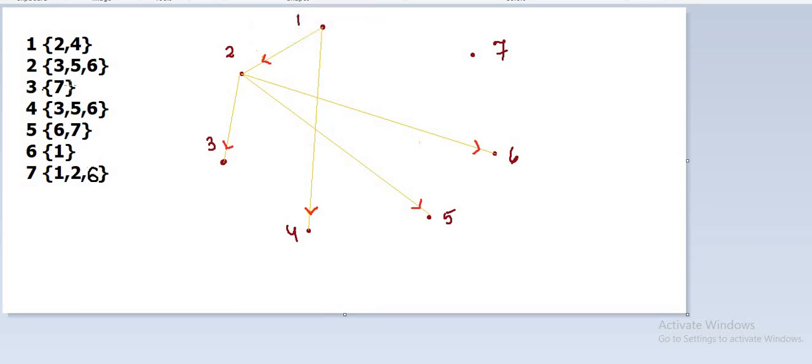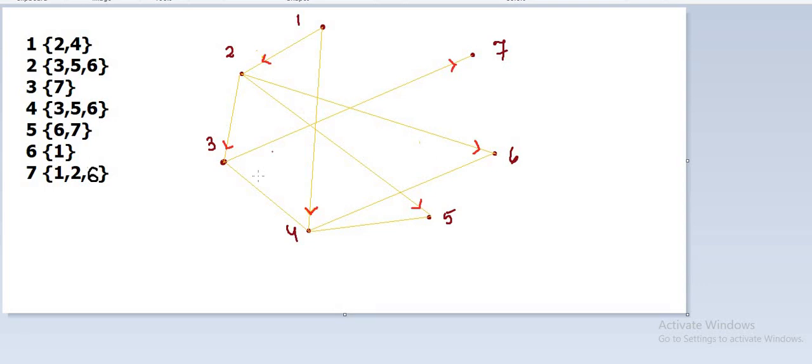After that, 3 is going to 7, so let's mark it in this direction. The next one is 4, which goes to 3, 5, 6. So let's mark 4 to 3, then 4 to 5, then 4 to 6.